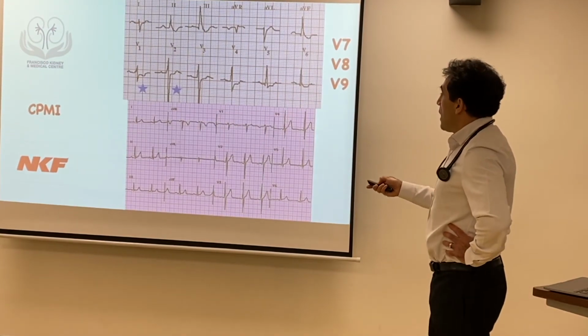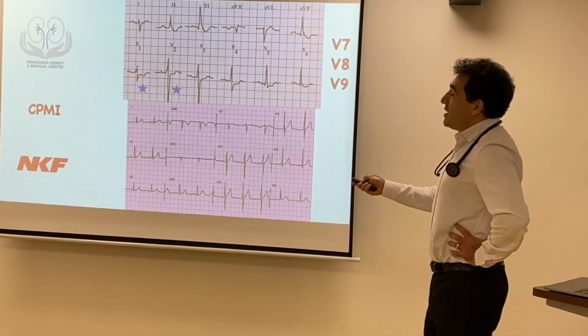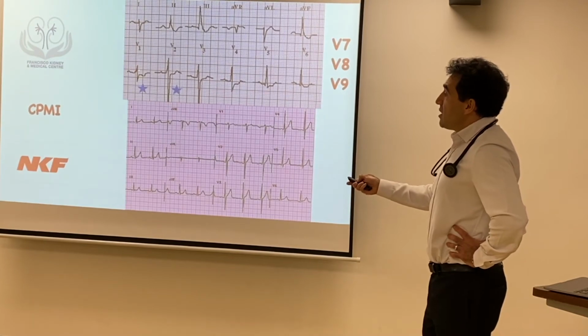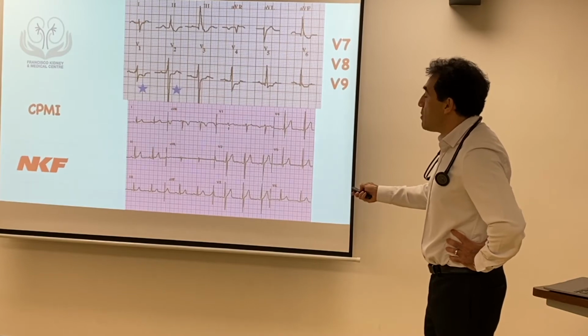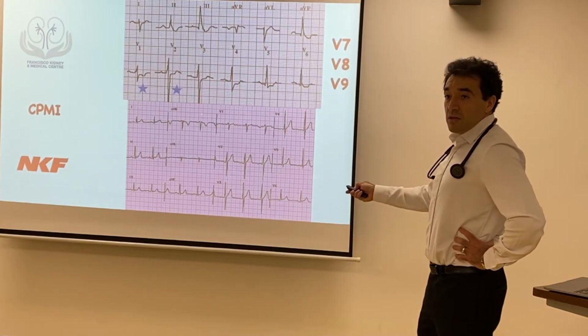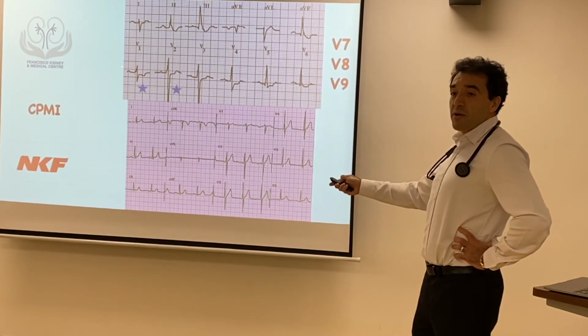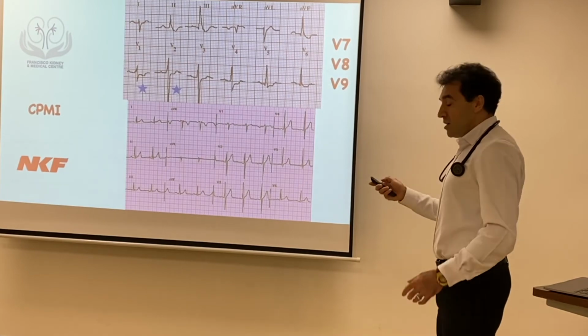For example, this one is probably a Q wave in the posterior lead. This is V1. See how the R in V1 is actually quite small? So this looks like an R there, but it is probably the reciprocal image of the Q wave that you will be seeing in the posterior leads.